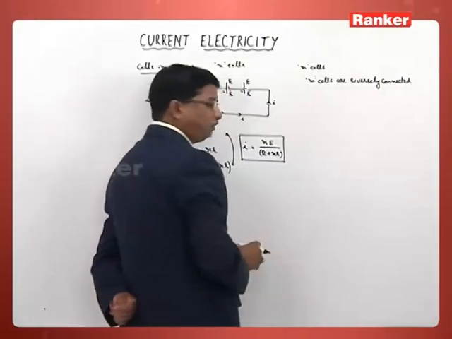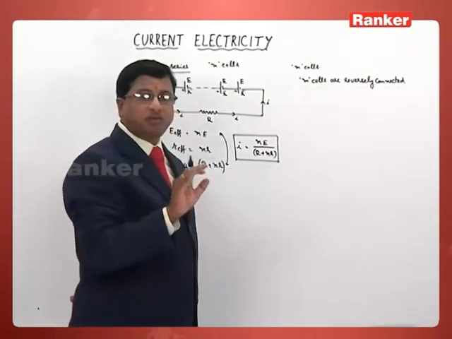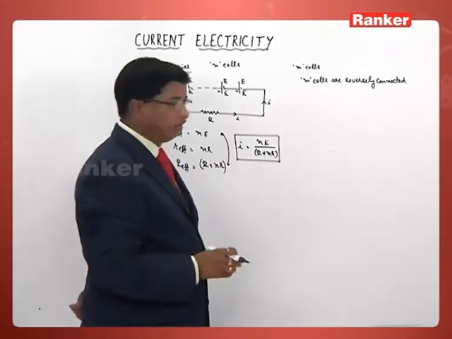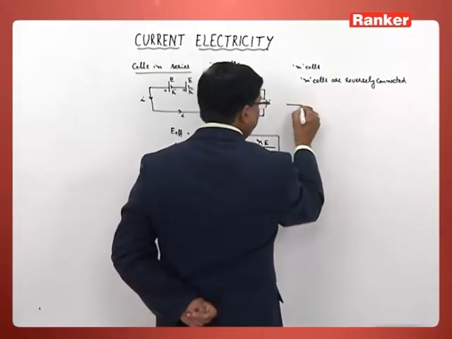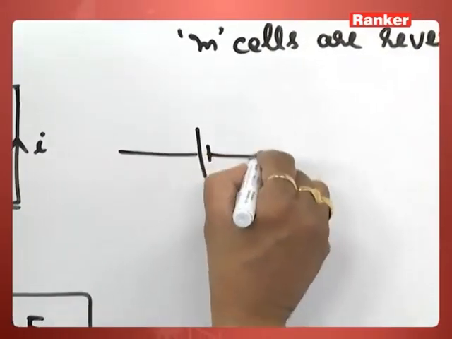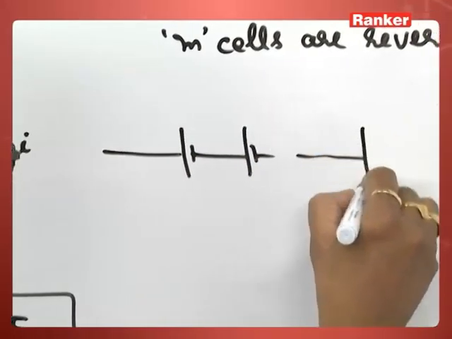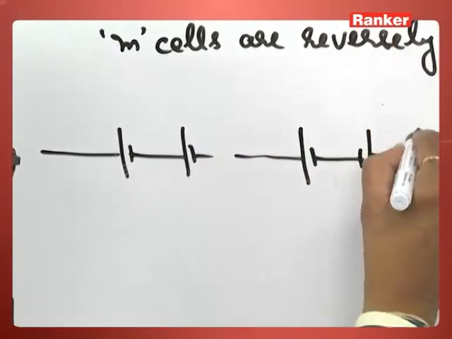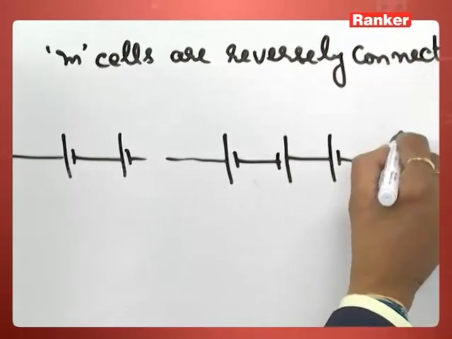Out of n cells, m cells are reversely connected. Then you can all understand straight away this way. The cells are connected in this order. Few of them are connected reversely this way.